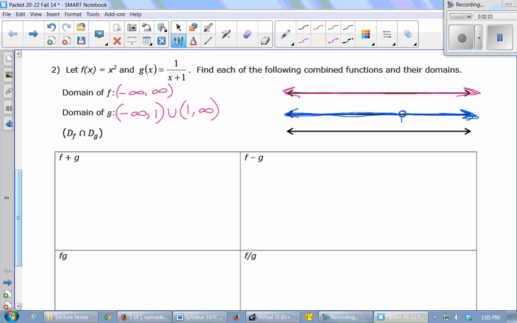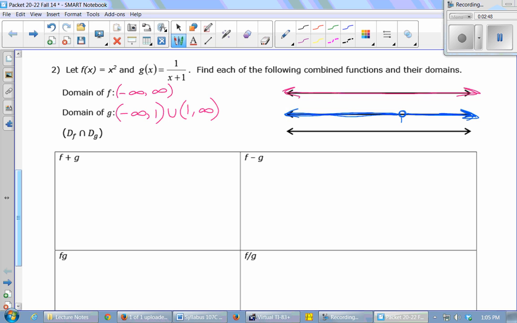All right, and then the intersection of the domain of f and the domain of g, that is all the points that the domain of f and the domain of g have in common. What is the intersection of those two domains? Where do they overlap? All values except negative 1.